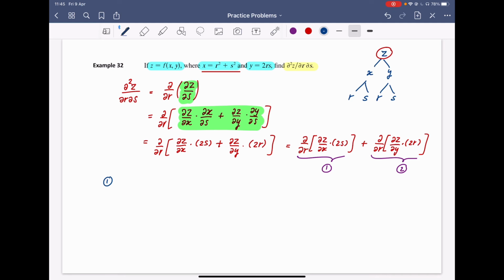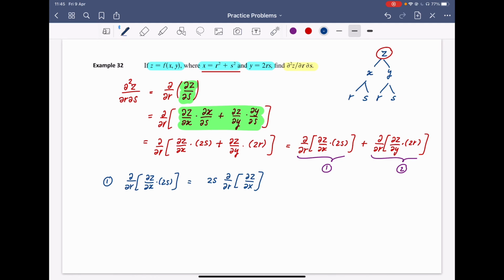I have differentiate with respect to r of that term. You can see that this thing 2s does not depend on r. So this is actually a constant, so we can pull out 2s.